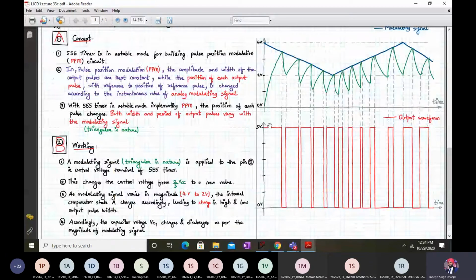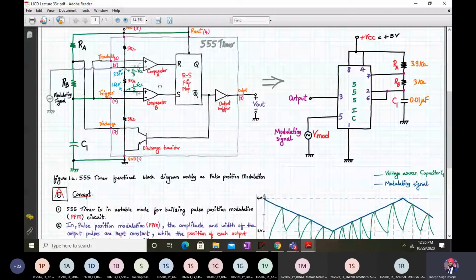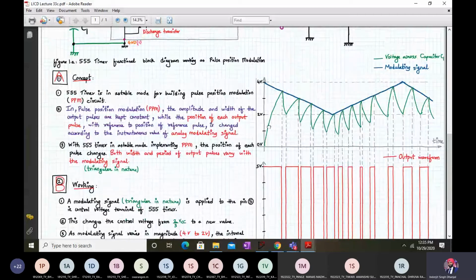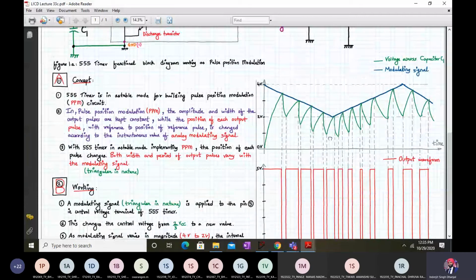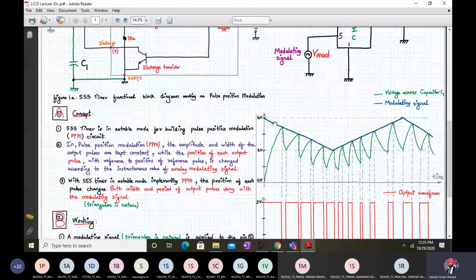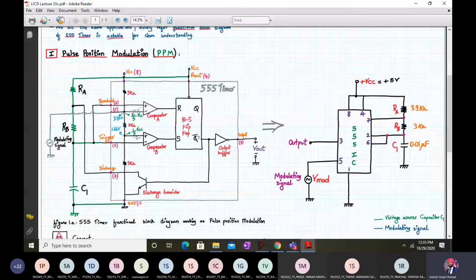Only thing you remember, whenever the capacitor is charging, the output should remain high, because when the capacitor charges, the comparator output state will become high as per the working here. Whenever the capacitor discharges, the output will be low. So that's the only condition we have.